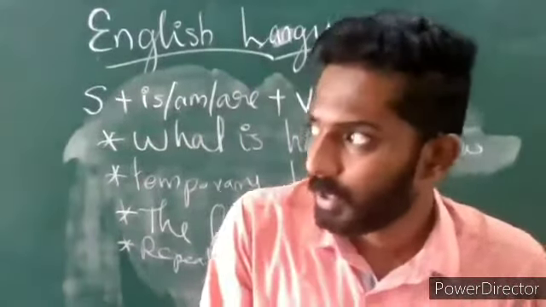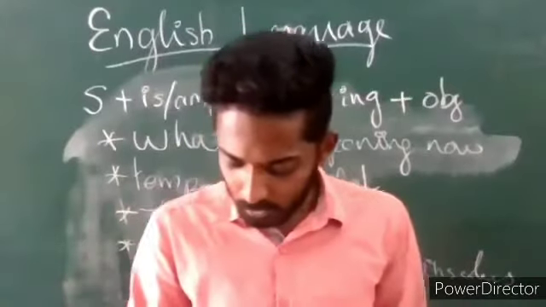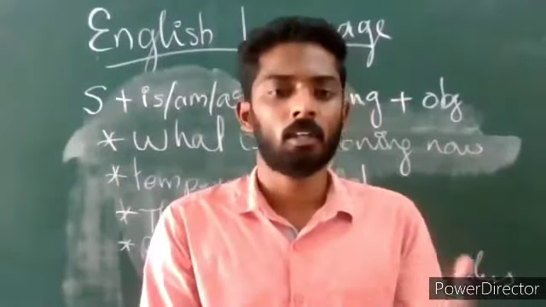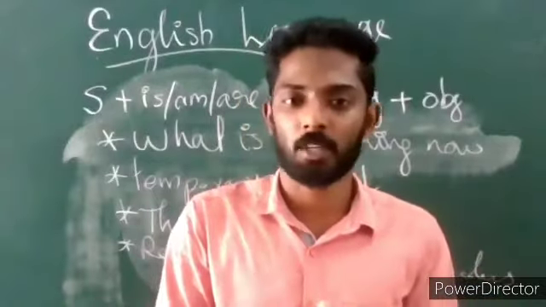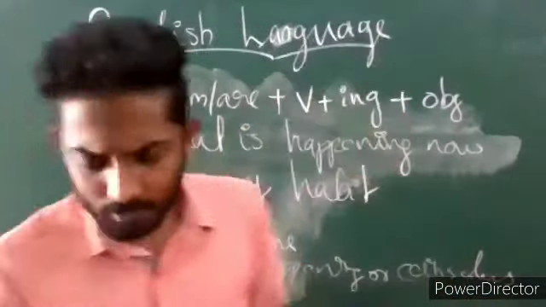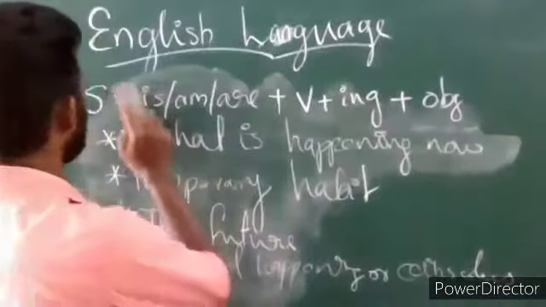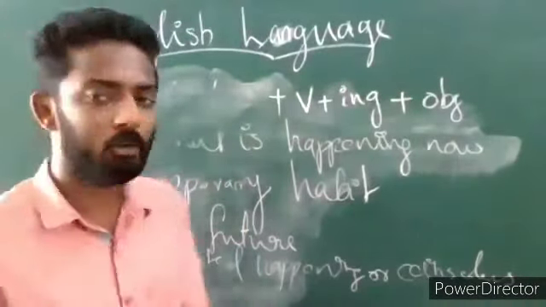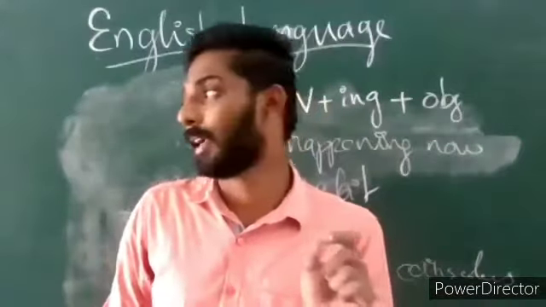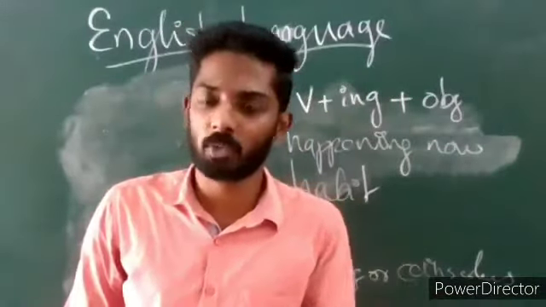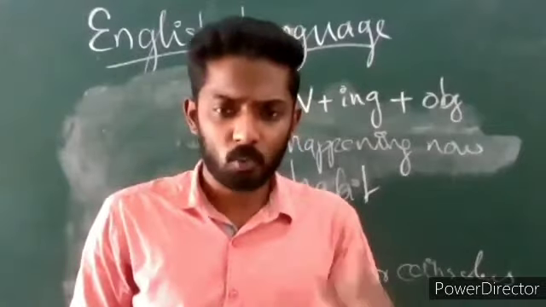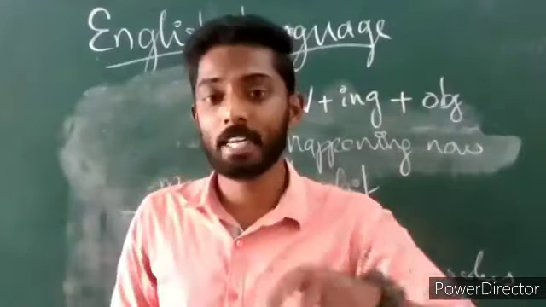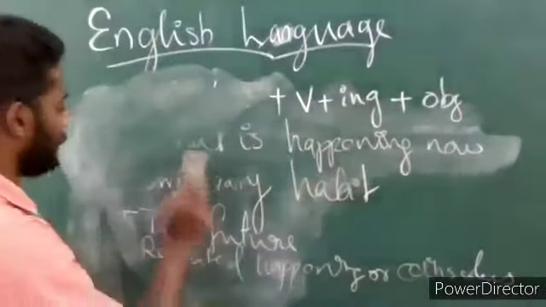And now we have to speak about something else about the present continuous tense. There are some verbs that cannot be used in the ing form. So we will just see what those are and the details of those kinds of verbs. Okay.